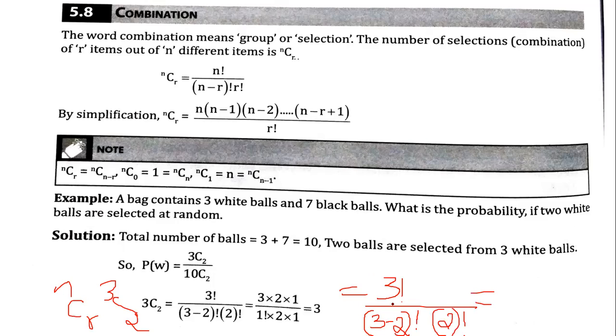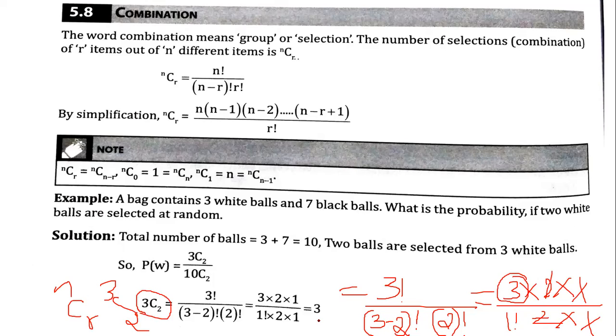This is the formula. Now 3 factorial means 3 into 2 into 1, divided by 3 minus 2 is 1 factorial, and 2 factorial is 2 into 1. Now 1 factorial is 1 only. You will not have anything more. So 2 and 2 cancel, 1 and 1 cancel. So what is the answer? 3 is the answer. For 3C2 the answer is 3.